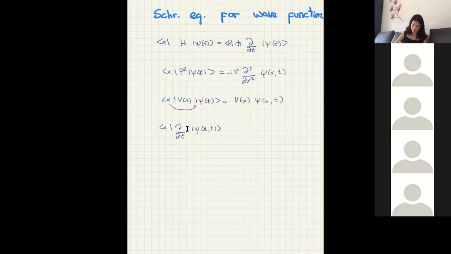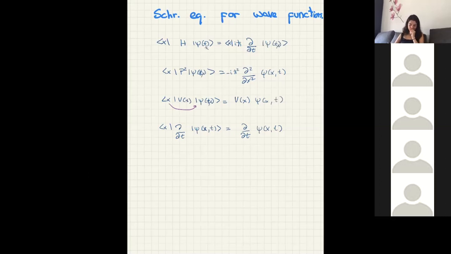Well, again, the derivative with time has nothing to do with x, so we can, sorry, this should not be there. So we get d dt, and now the wave function on x and t. Okay, good. And in some places I made this dependency on x explicit, and in some places not, but you can think that it's always there.